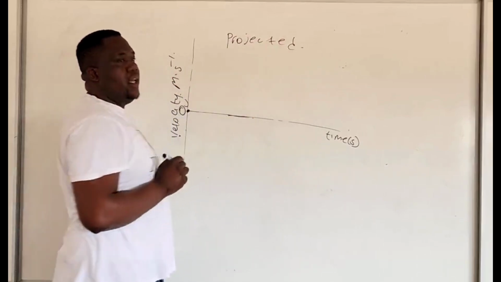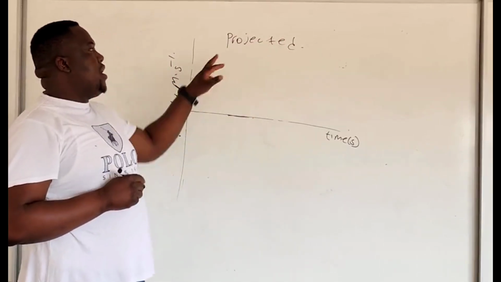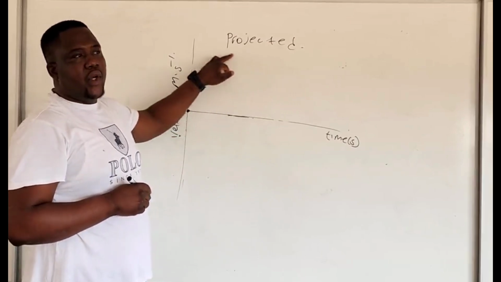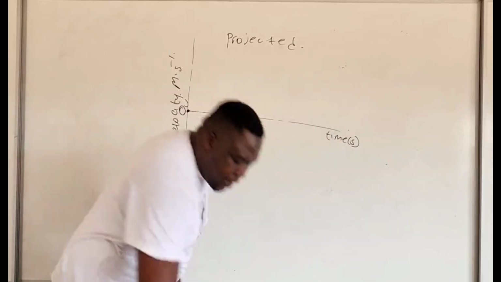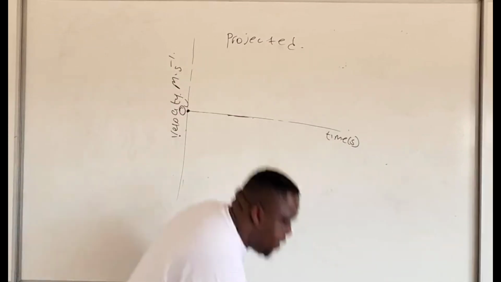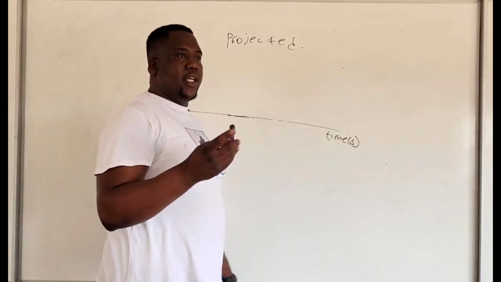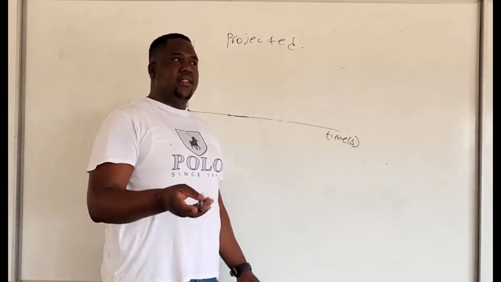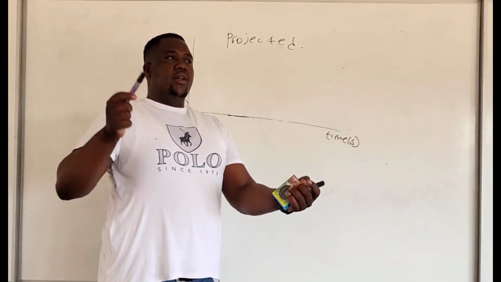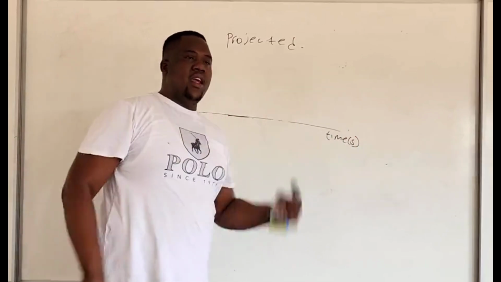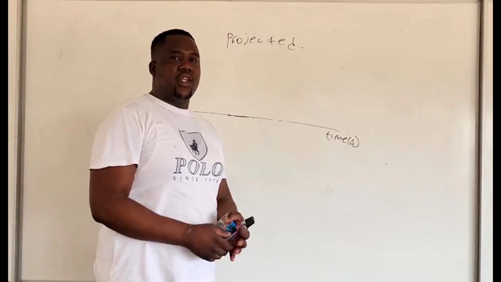Whenever you hear the word projected, you see, I'm holding two objects. When you project something, it means you are going to give that thing an initial velocity which is not zero.